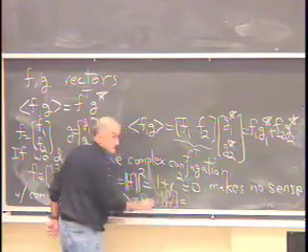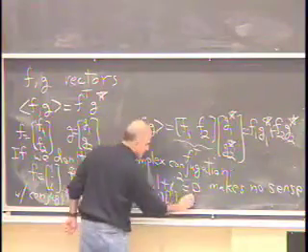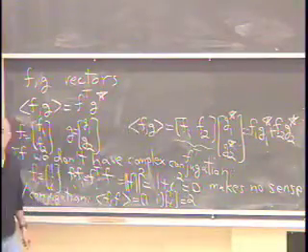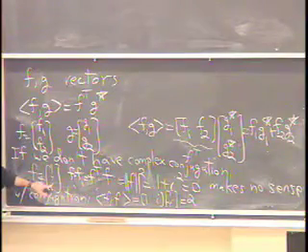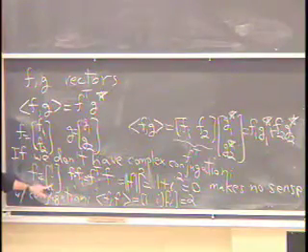And what does that give you? 2, which makes sense. Because you can draw this complex number on the complex plane, and you see that the magnitude squared is 2.